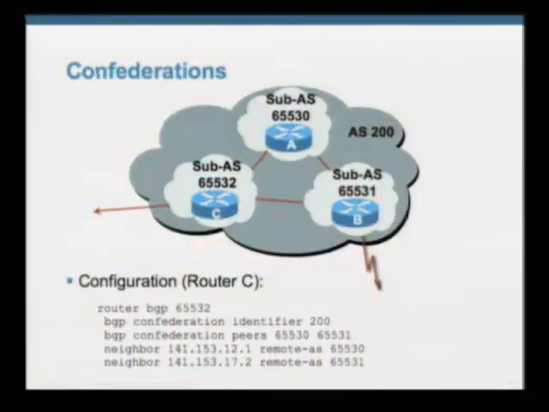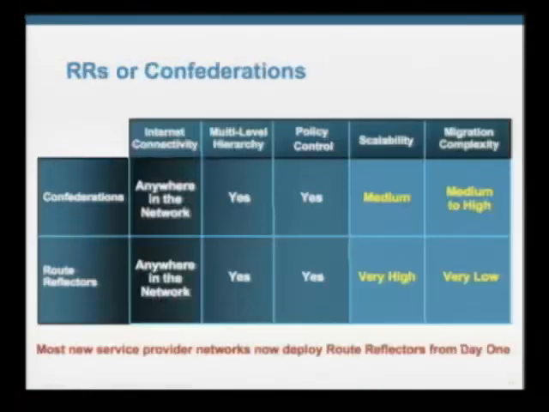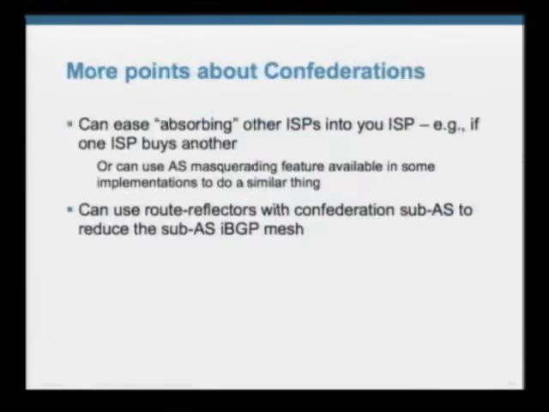What a confederation does is take your network and divide it into lots of sub-ASs, and so they have the normal sort of eBGP running between the different sub-ASs, but then at the edge of your network, you put a wrapper around the whole infrastructure and say, well, I'm really AS, whatever. And so internally it looks as though you've got lots of different networks talking eBGP with each other, but the world still sees you as one network. So that's the difference. I'm not going to go through the details. They're in the slides there if you want to read them.